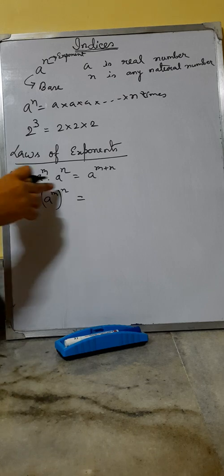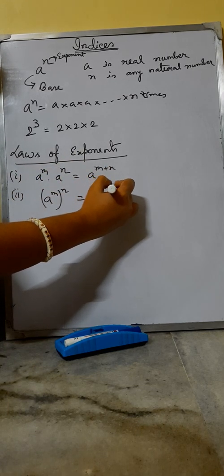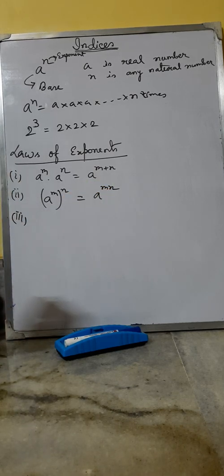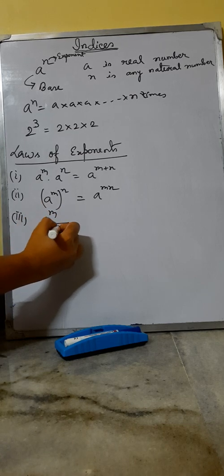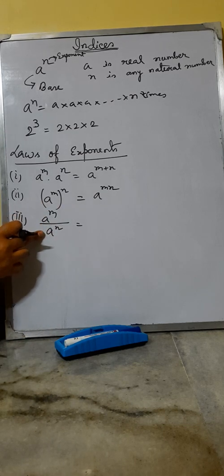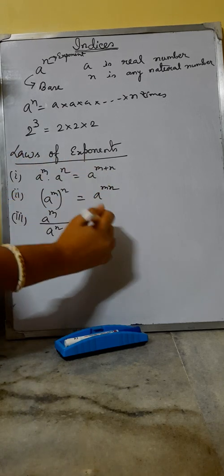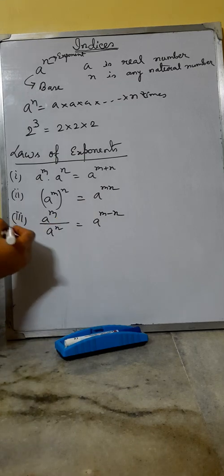That means there are two powers, so both powers will be multiplied. Third law is a to the power m divided by a to the power n. In both cases base is same, power is different, and it is in division form. So in multiplication it's plus and in division power is minus.